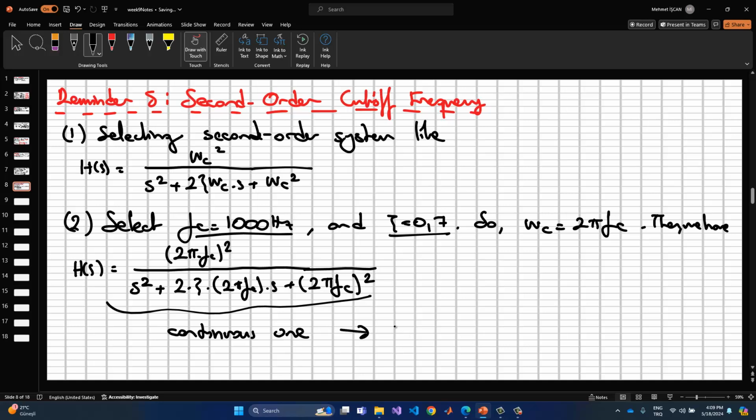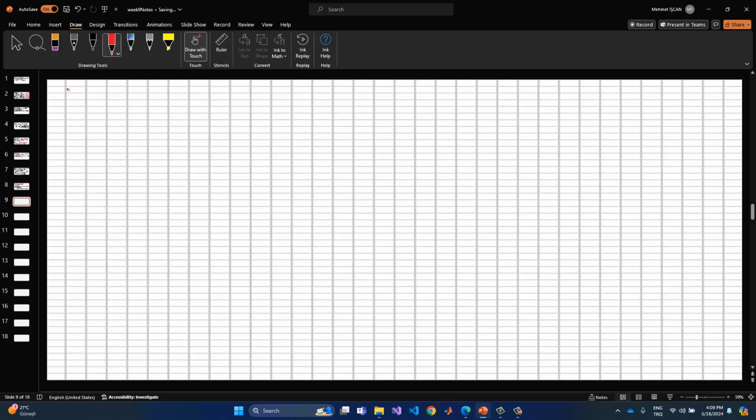We need to transform this continuous filter into a digital one. So how can we do that? In section 2, we need to talk about the bilinear transform.